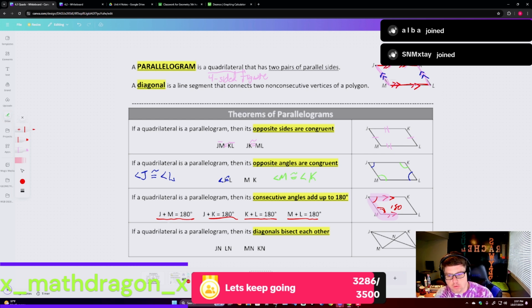And then if a quadrilateral is a parallelogram, then the diagonals bisect each other. So JN and LN bisect each other, and then MN and NK bisect each other.